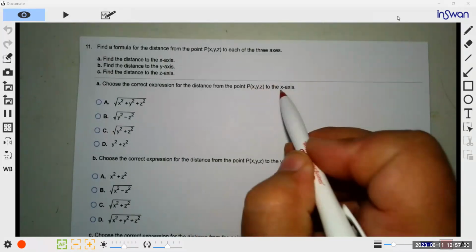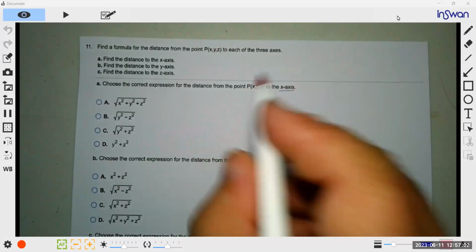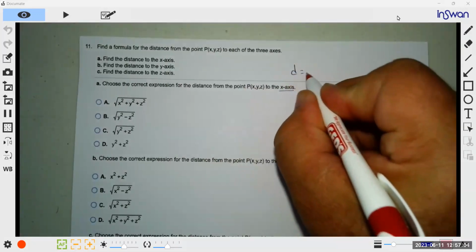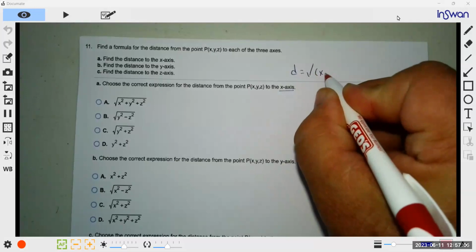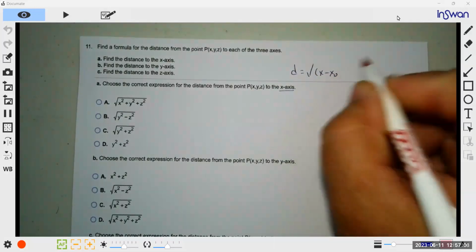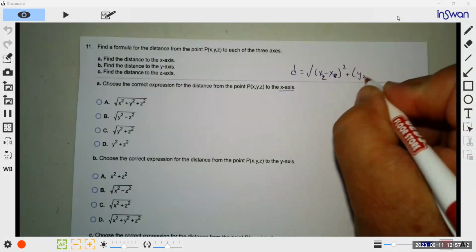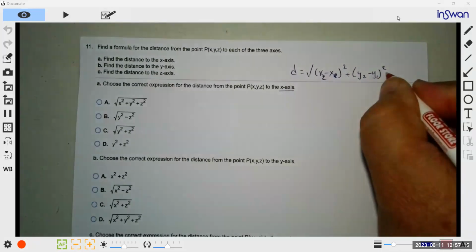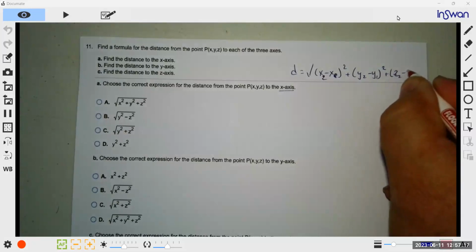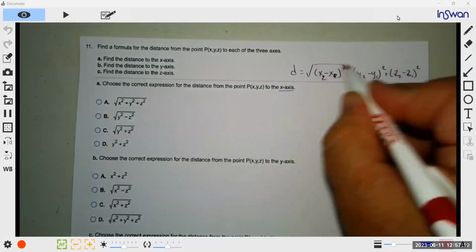We're looking for the x-axis. So the distance formula is square root of x minus x sub 0, or x2 minus x1, y2 minus y1, z2 minus z1 squared.